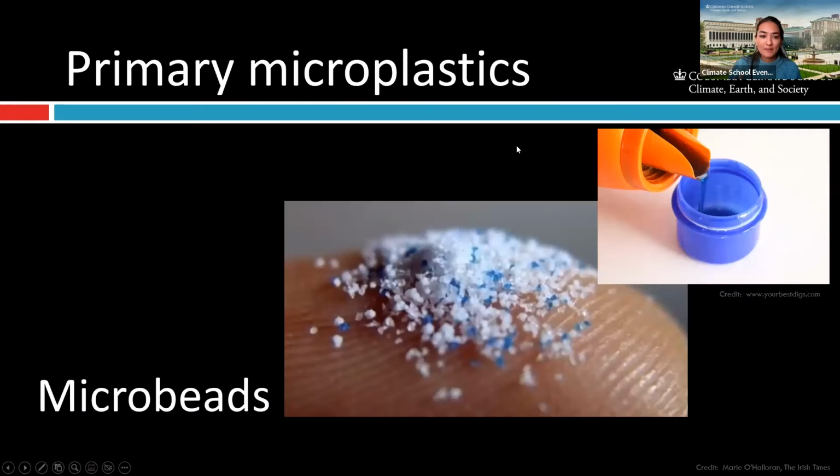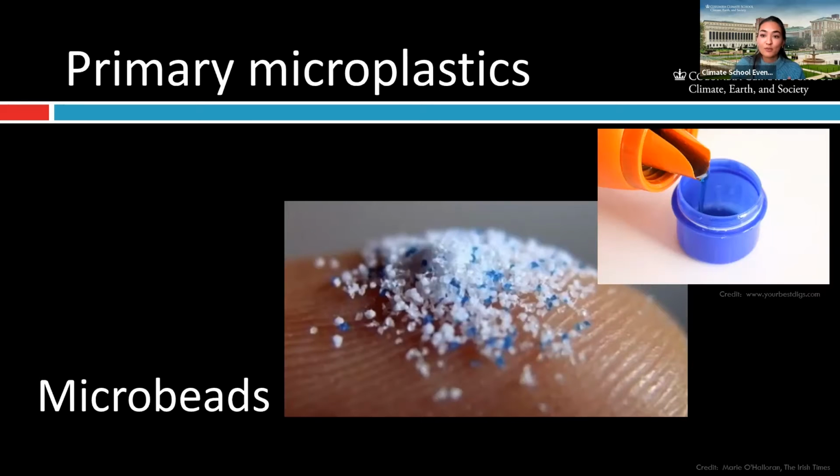So first are primary microplastics, these microbeads. These small beads were created to increase the friction or exfoliation in washing or cleaning. So oftentimes, historically, you can think of these as being found in our face wash, our body wash, even our toothpaste, to increase that exfoliation effect.